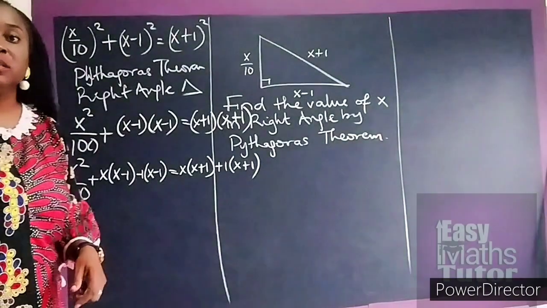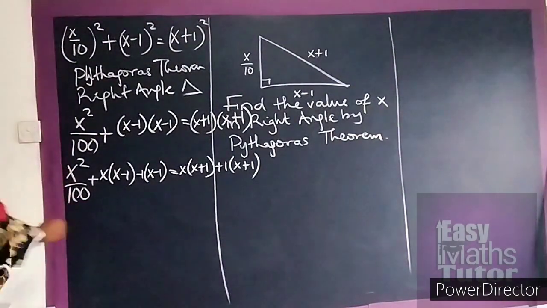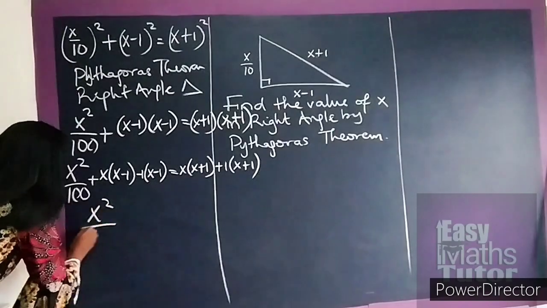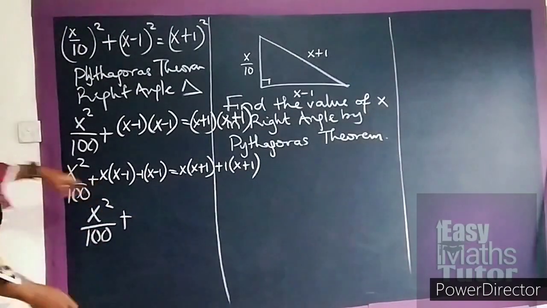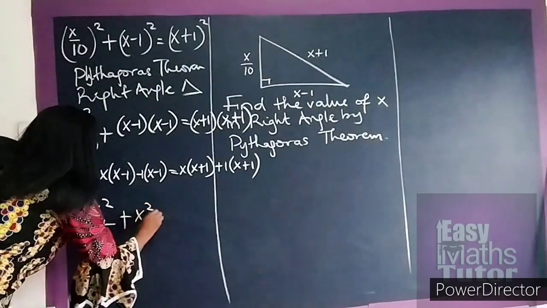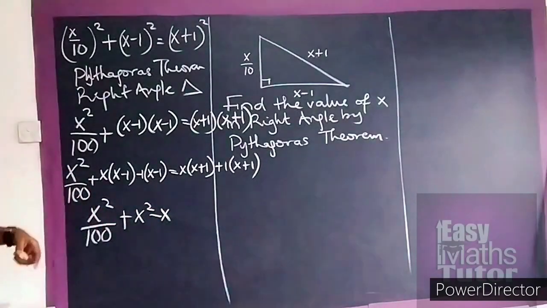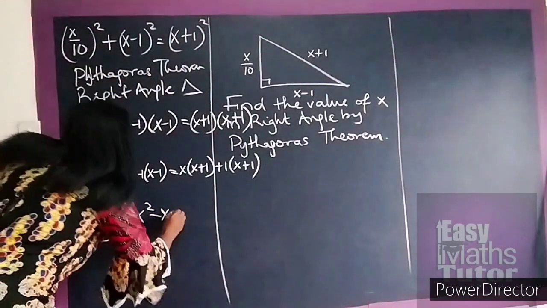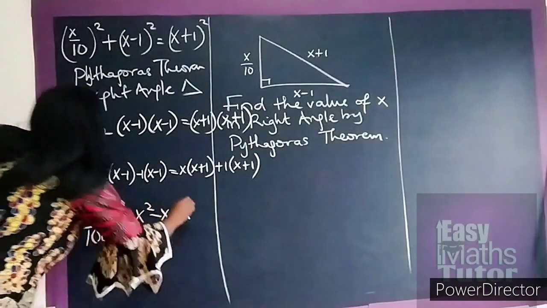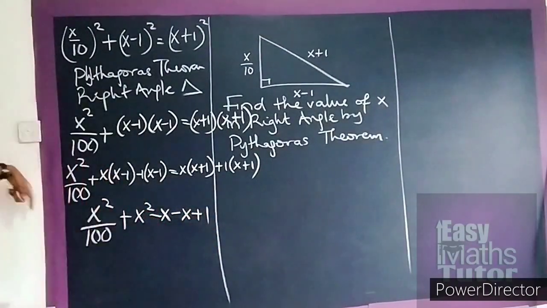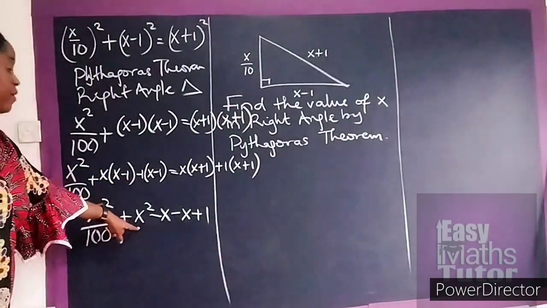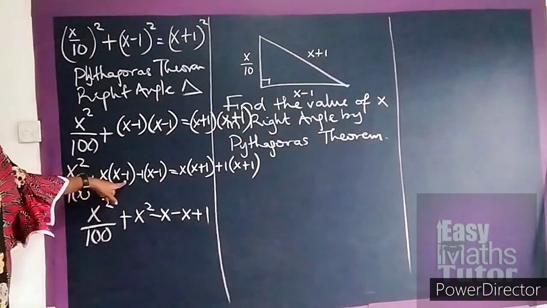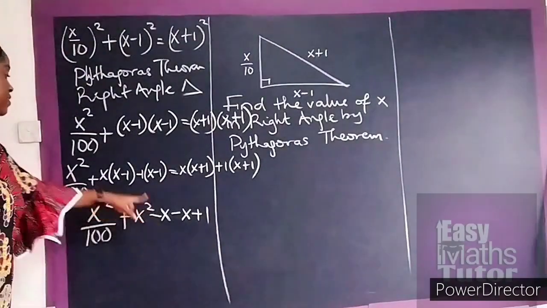Alright? I hope you're following what I'm doing. So we have x squared over 100 plus. We're going to expand this, giving us x squared minus x. We're going to expand this, giving us minus x plus 1. X times x gives you x squared. X times minus 1 gives you minus x.